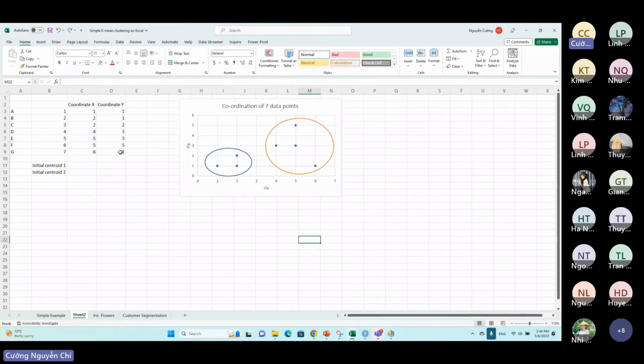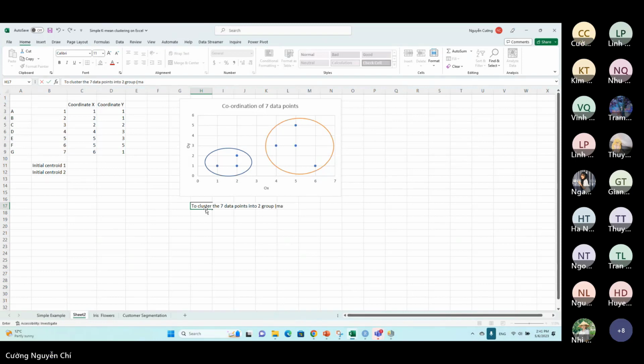To conduct this and cluster the 7 data points into 2 clusters or 2 groups, maybe we can try with 3, 4, 5 different groups.